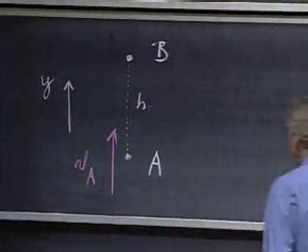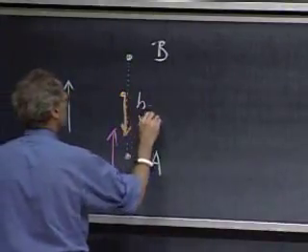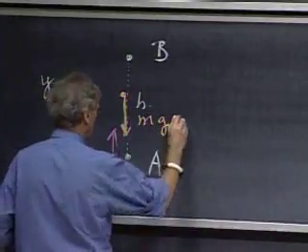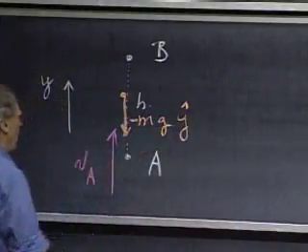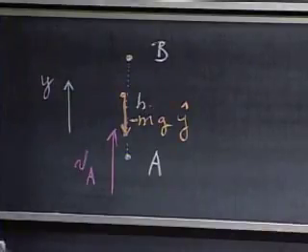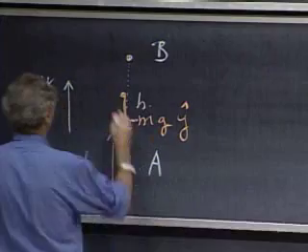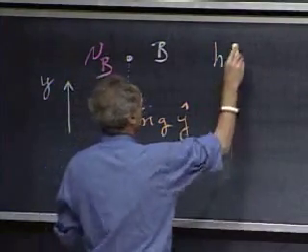The object has a mass m, and so there is a gravitational force, which is mg, and if I want to give it a vector notation, it's -mg y-hat. This is my increasing value of y. When it reaches point B, it comes to a halt. And I'm going to ask you now, what is the value of h?